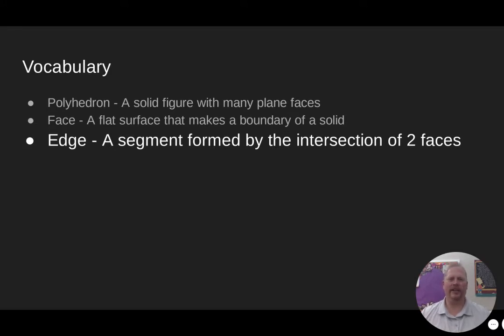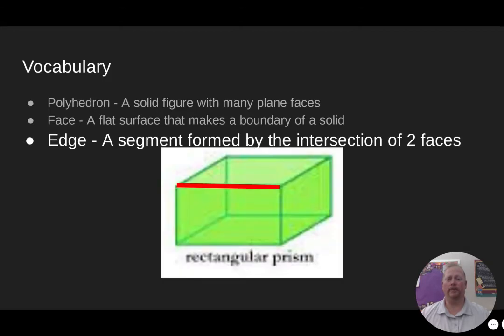The edge. An edge is a segment formed by the intersection of 2 faces. So if we go back to this same picture, that line right there is the intersection of the top and the front. So that's an edge. That's an edge. That's an edge. Even this one back here that's hidden behind the other 2 faces: when something is hidden behind the rest of the figure, we put a dotted line there.